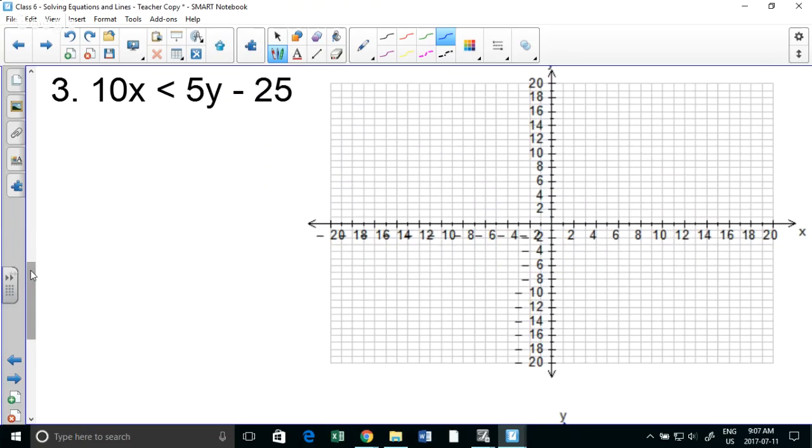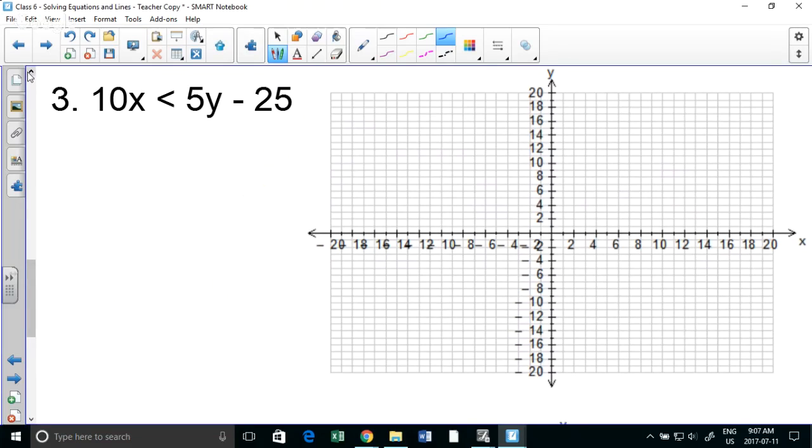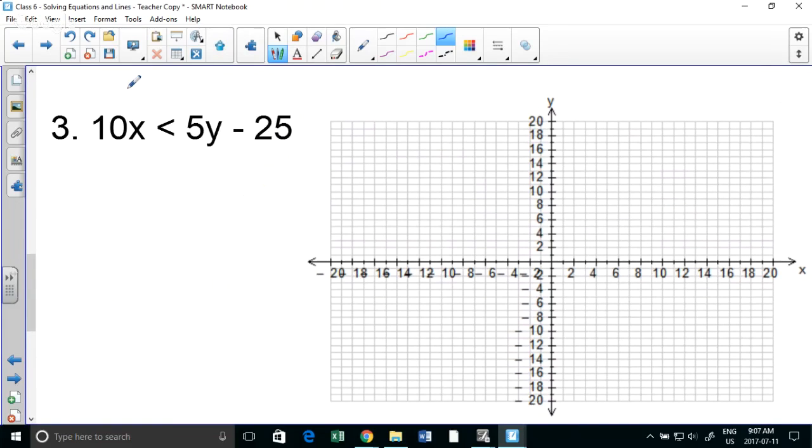We'll do this one quickly. Graph the line however you can. So I'm going to get the intercepts. I'm not.